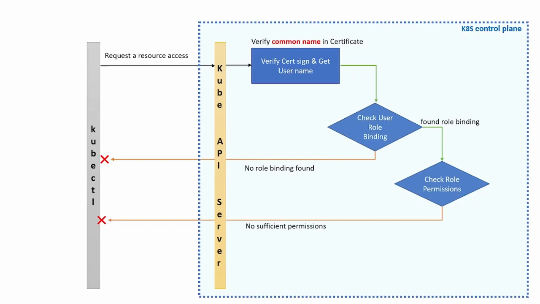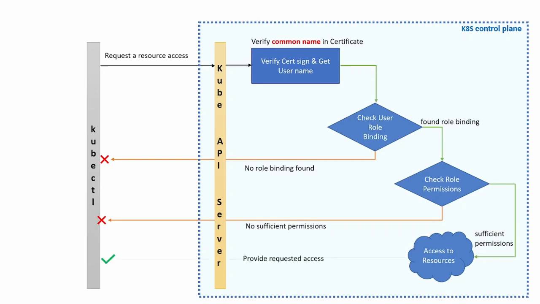If not, it will again throw an error to the client application. If permission is available with the role, it will give access to the user and give the result back to kubectl. So that is the basic working of RBAC in Kubernetes.